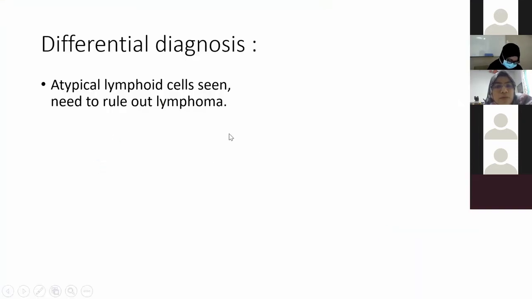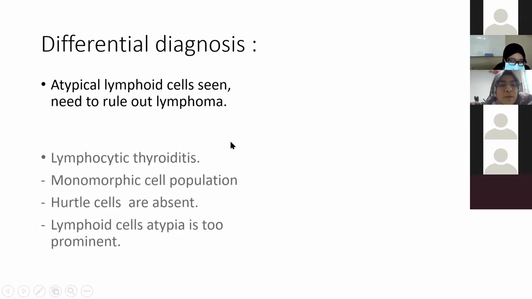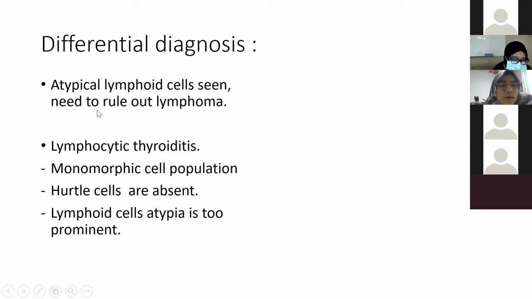The differential diagnosis for this case is definitely atypical cells, most likely lymphoid because of the background of lymphoglandular bodies we can appreciate, and hardly any colloid. Of course, we cannot really exclude lymphoma in this case. The other differential diagnosis that people usually think of is lymphocytic thyroiditis, which I think was already presented very thoroughly by Prof. Sharifah just now.